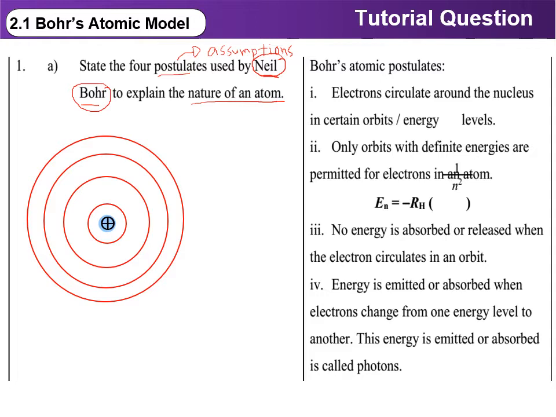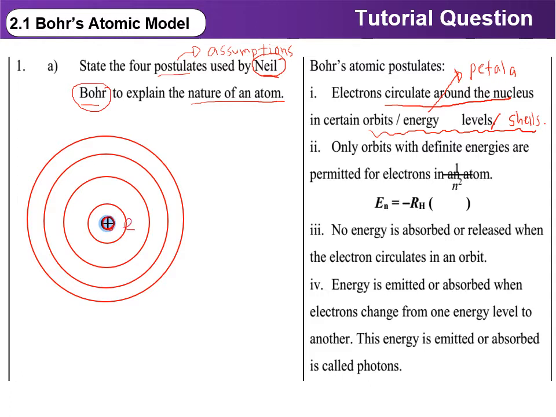Okay, let's look at the first postulate. Electron will circulate around the nucleus in certain orbits or energy levels or shells. So we consider these three terms, orbit, energy level, and shell, to refer to the same meaning, which in Bahasa we call petala. Let's say in the middle here, the blue color is the nucleus.